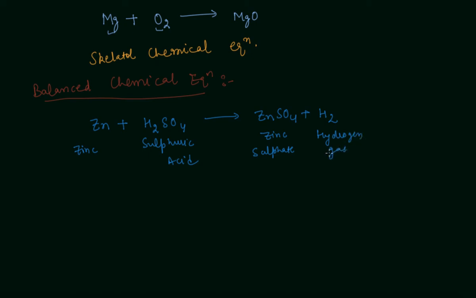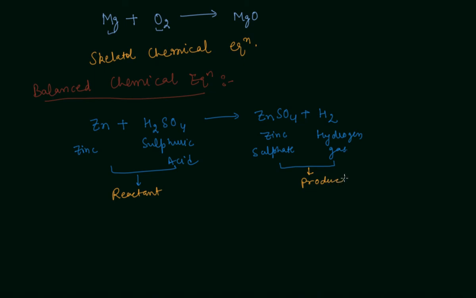Now you can see that the total mass of the elements present in the products of a chemical reaction has to be equal to the total mass of the elements present in the reactants. This is the reactant side and this is the product side.